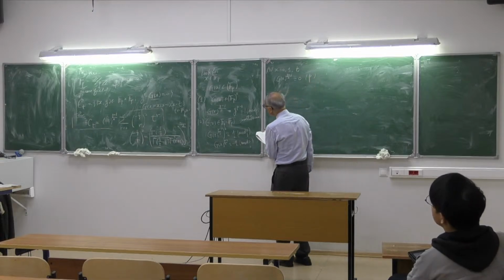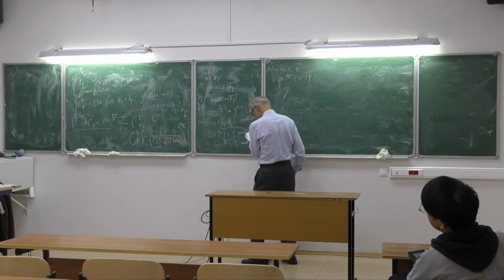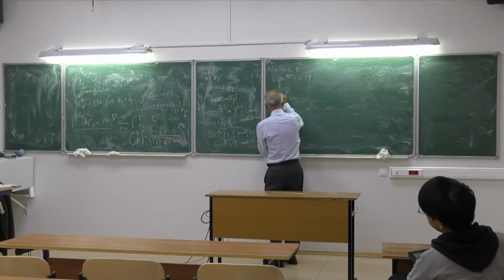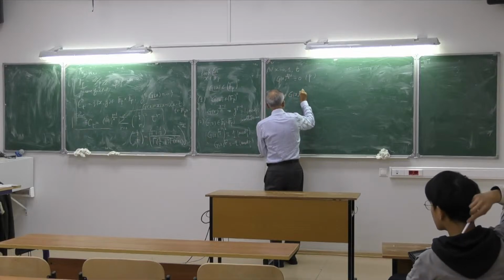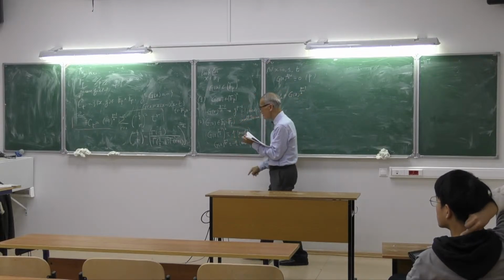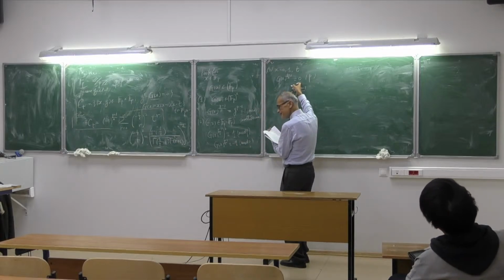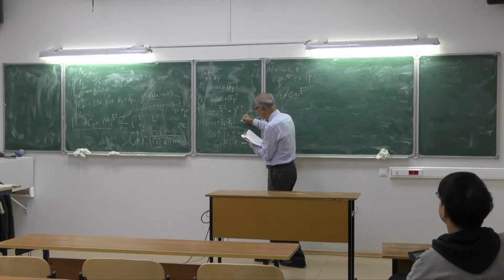That is to say, if I consider 1 plus Gx to the power (p minus 1) over 2, now I add 1. I get 2, 0, and 1. 2, 0, 1.